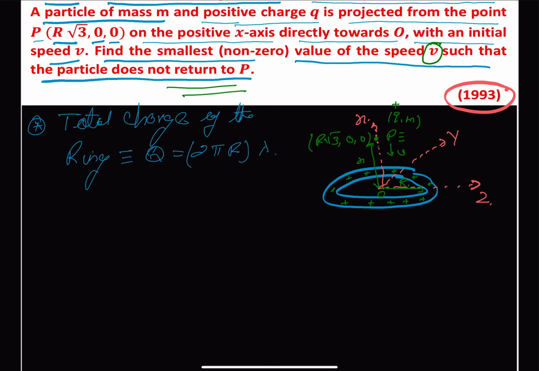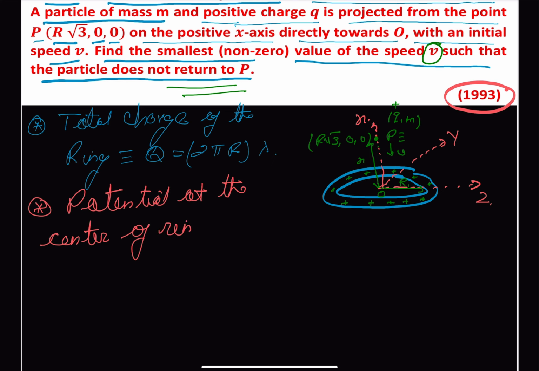Based on this, we can find the potential at the center O. The potential at the center of the ring, let us suppose that is V naught, will be equal to 1 upon 4 pi epsilon naught, the value of charge Q, divided by r.